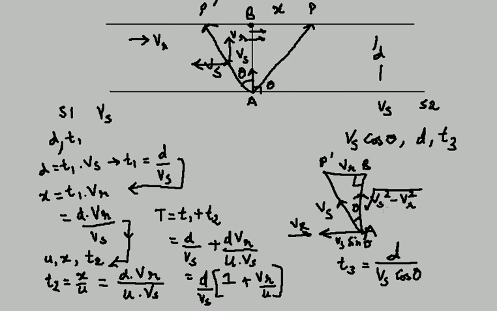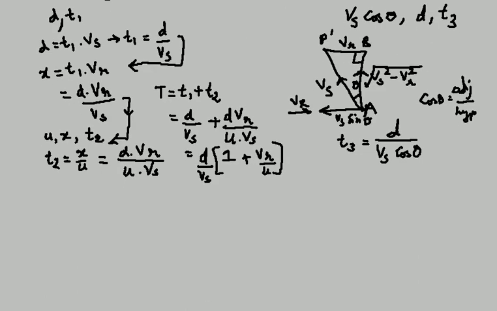So cosine of theta would be adjacent side by hypotenuse. So I'll just put it up for you here. Getting down, we get T3 equal to d by cosine.